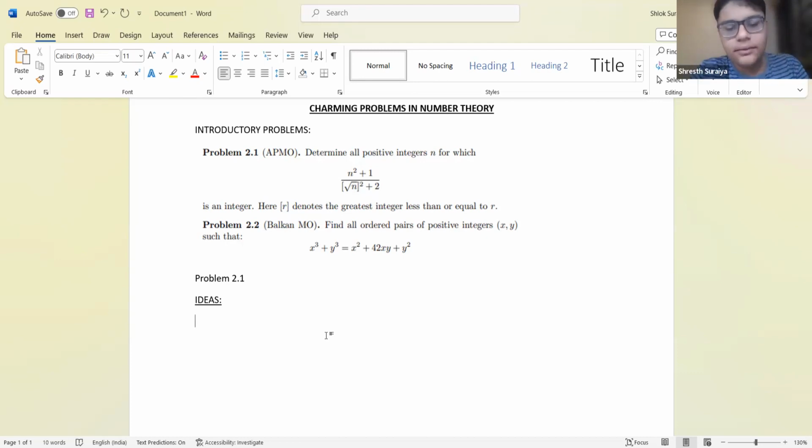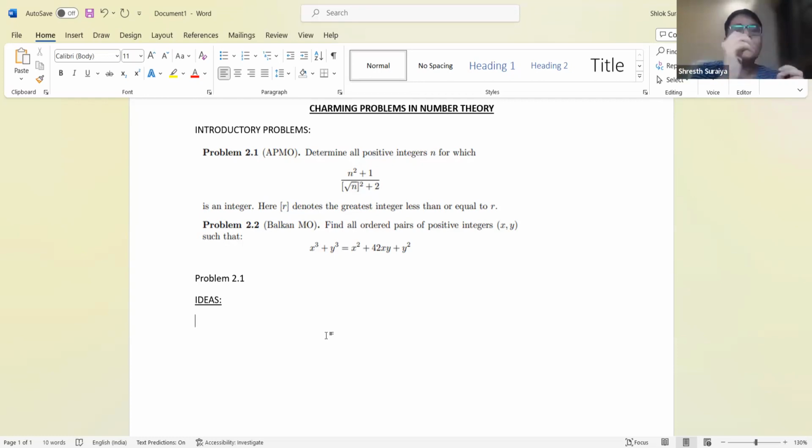Okay, so I'll give a hint. I think everyone's familiar with the greatest integer function. For example, 3.14 will go to 3, and -1 will go to -1, but -1.5 will go to -2, and stuff like that.